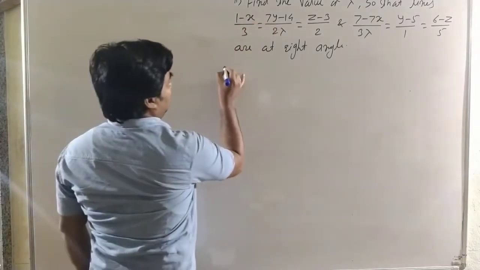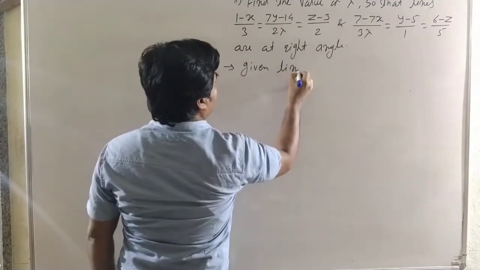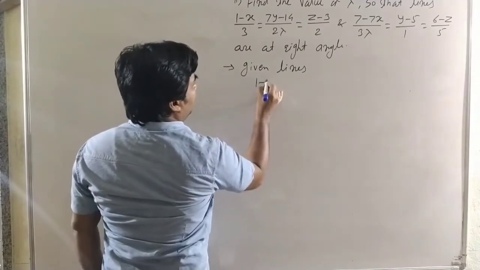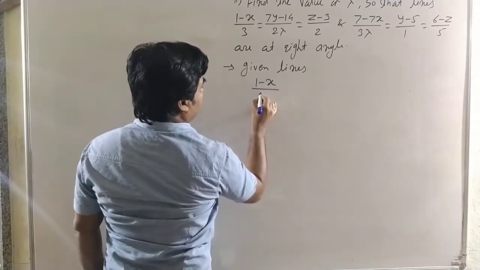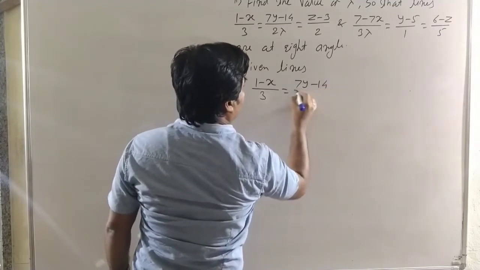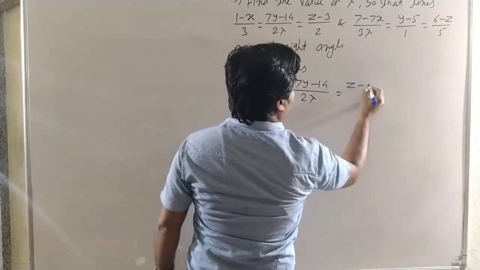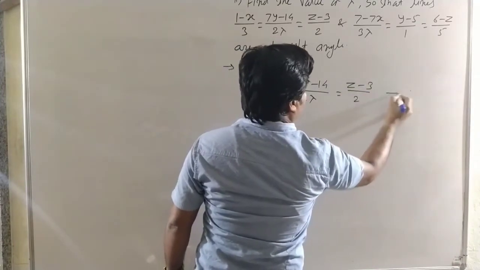Okay, here the given line is (1 minus x) upon 3 is equal to (7y minus 14) upon 2 lambda is equal to (z minus 3) upon 2. It is equation number 1.